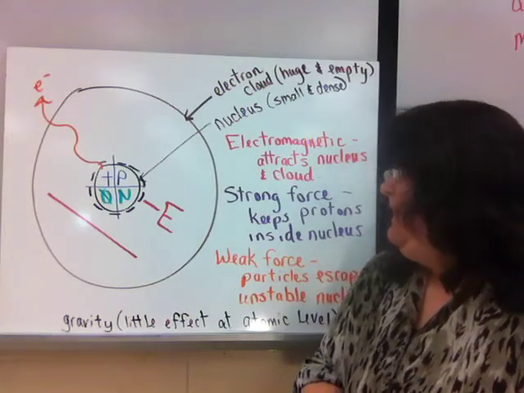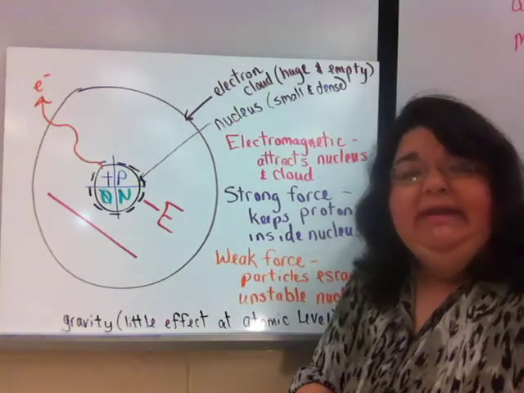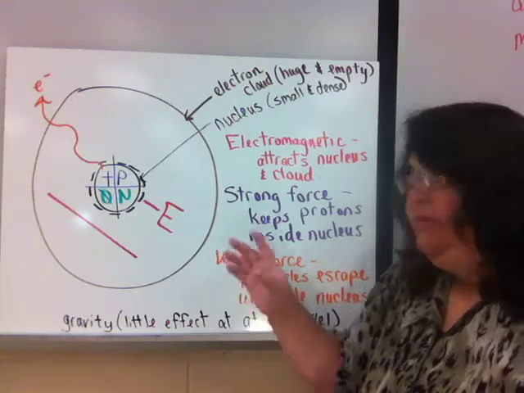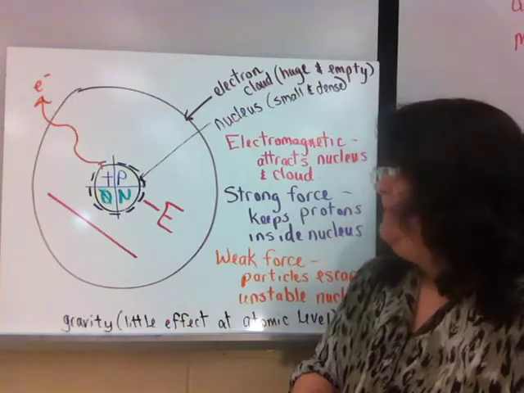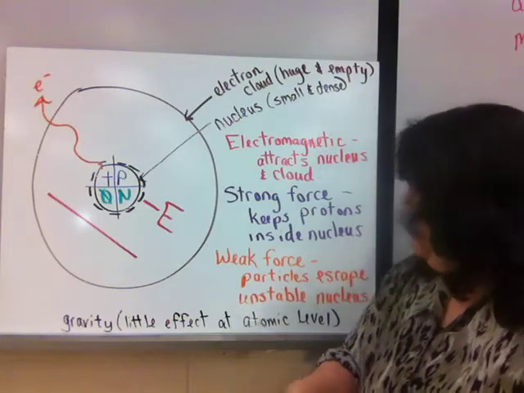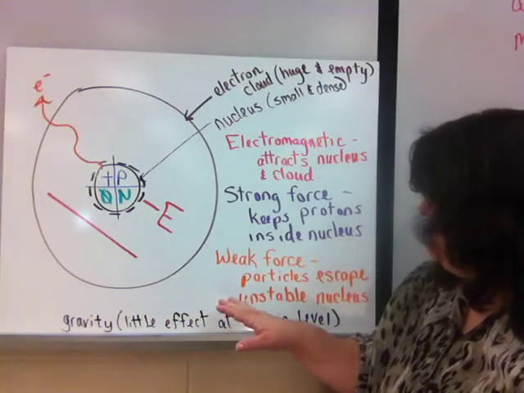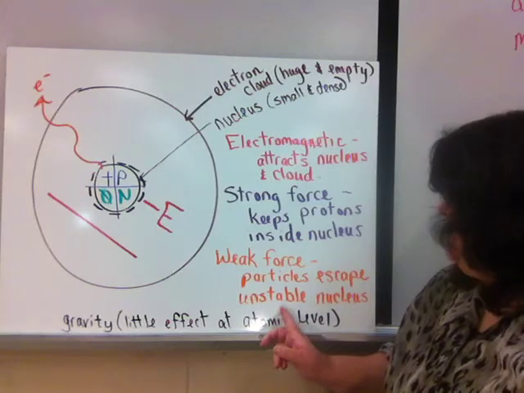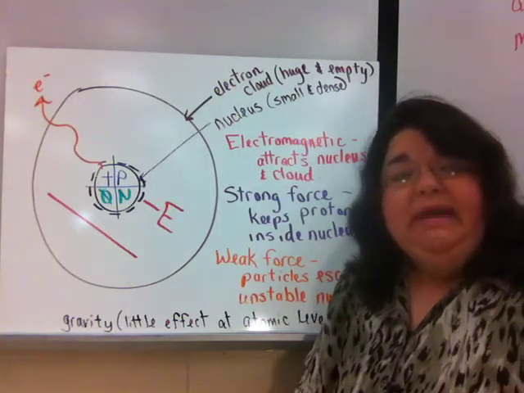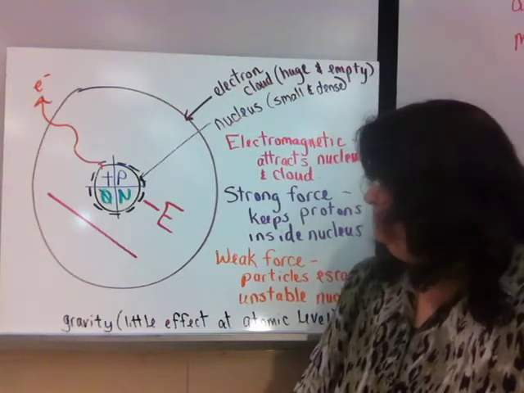And eventually, a neutron will find a crack in the wall and will escape the nucleus. Or maybe some protons and neutrons will leave together. And when that happens, what we will say is that the nucleus is now unstable. And that is what causes radiation.